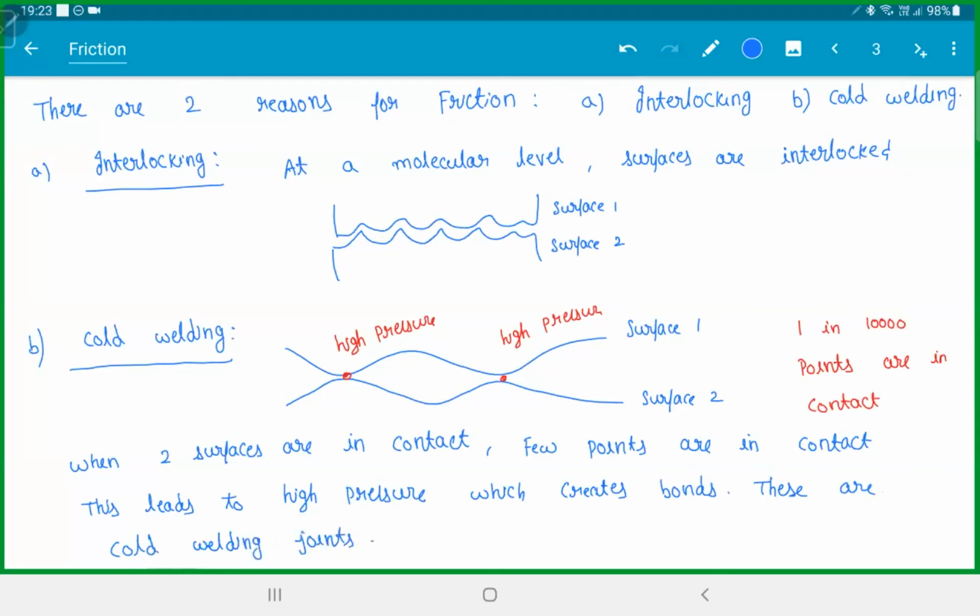So basically they'll start acting like some kind of springs between them. It's like bonds between them. Clear?